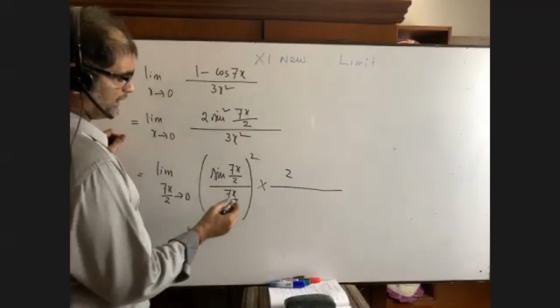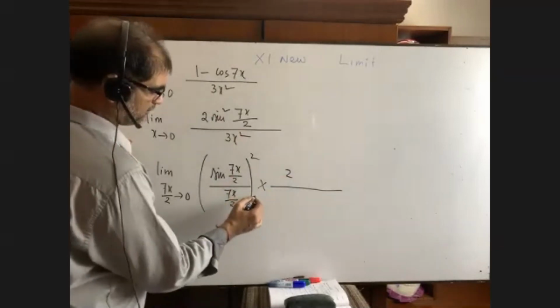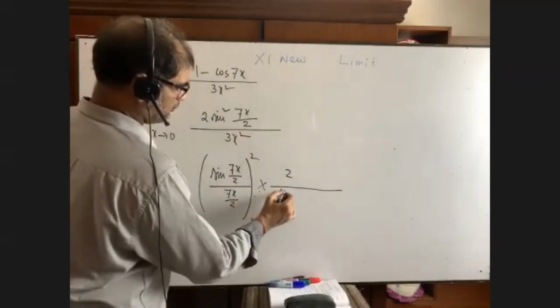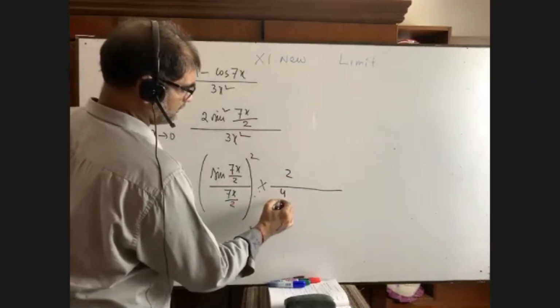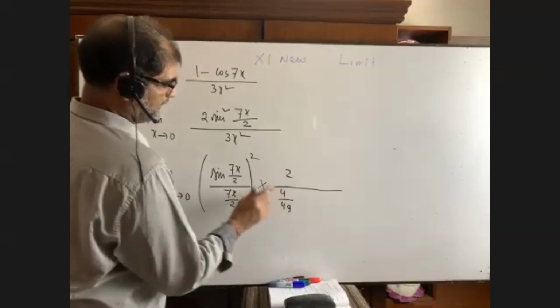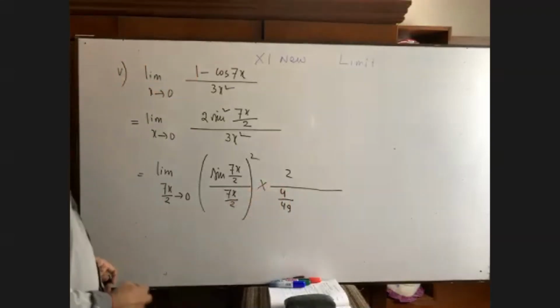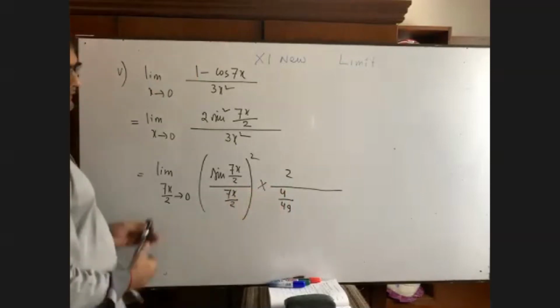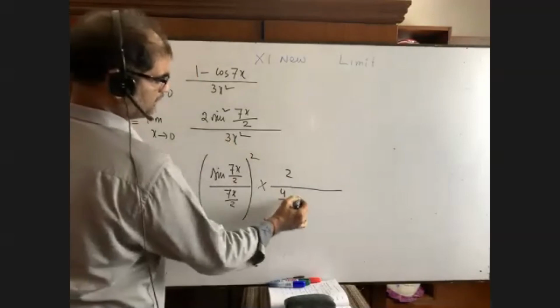It will be cancelled if I take 4 here and 49 here, that is 4 by 49. Am I right? 2 square is 4, 7 square is 49, which will be omitted. And there is another 3.